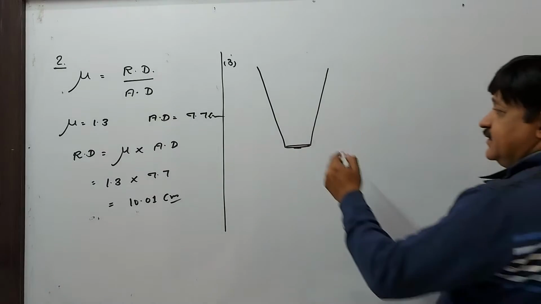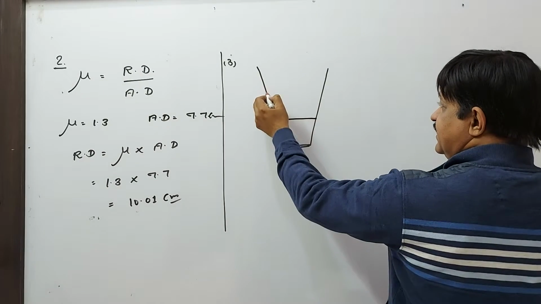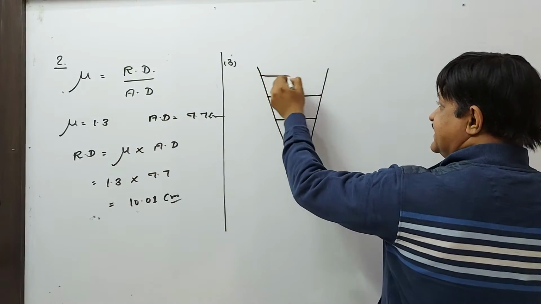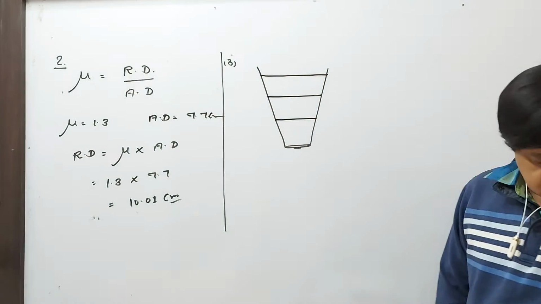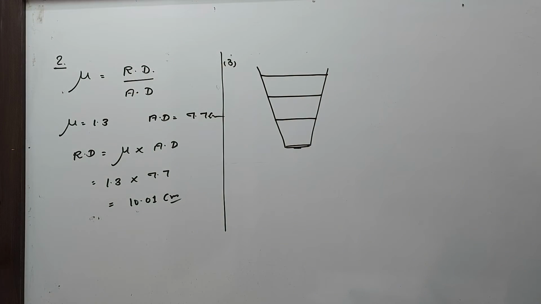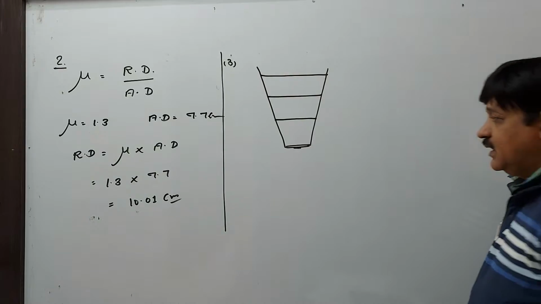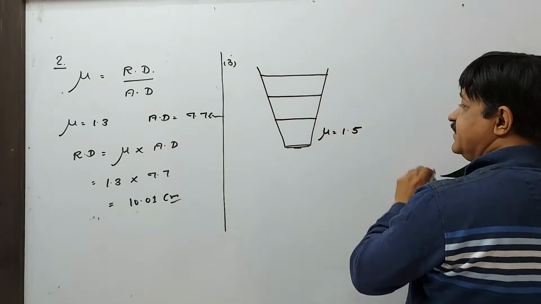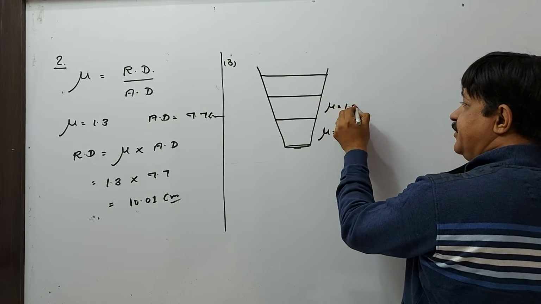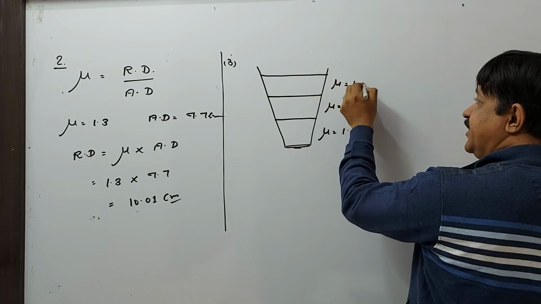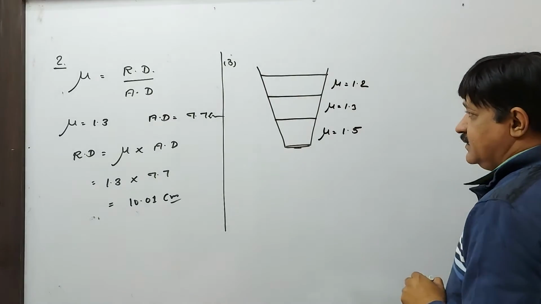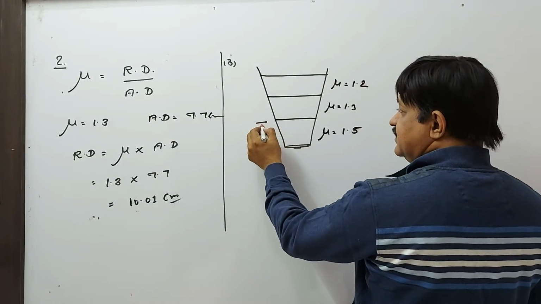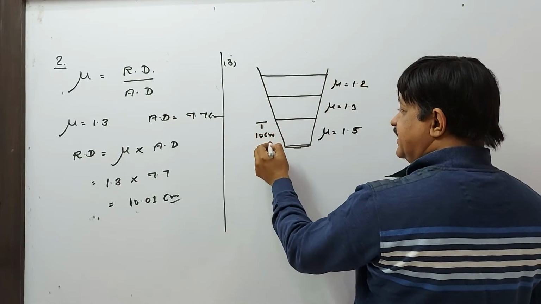In this glass, 3 different layers are there of the liquid. This will be with 1.5, this will be with 1.3, this will be with 1.2. Each is having 10 centimeter of depth.